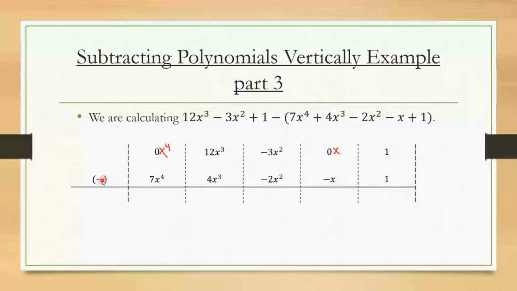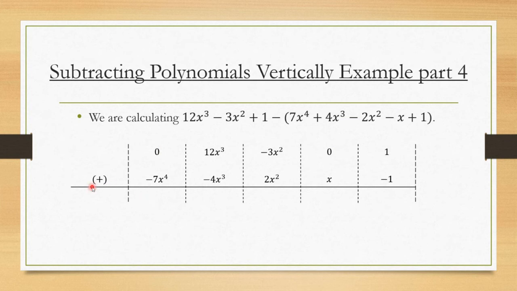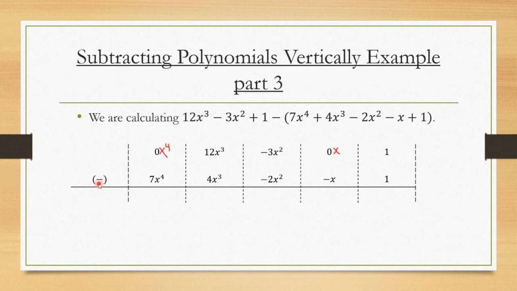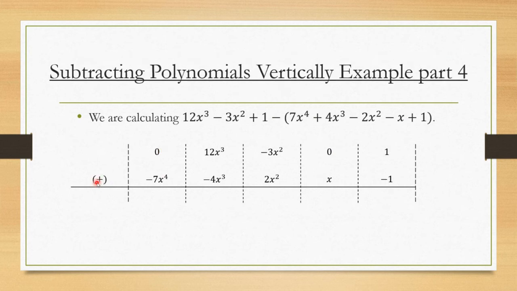Now, I'm going to take this minus sign. I'm going to distribute it. And then what's going to happen is it's going to change into addition. So in other words, as you can see here, the minus sign, I'm going to distribute it, and then addition is going to be left over.